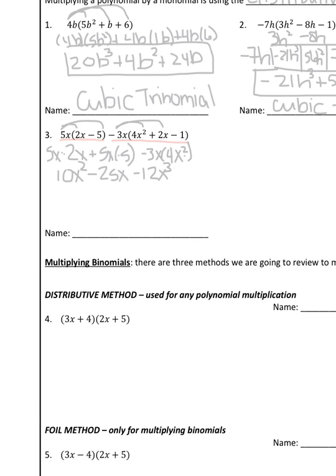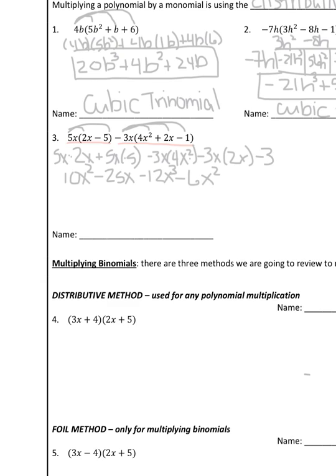And then we're going to do negative 3x times 2x. So that is negative 3 times 2 is negative 6. x times x, x squared. And then we're going to do negative 3x times negative 1. Negative 3 times negative 1 is a positive 3 times that x, right?